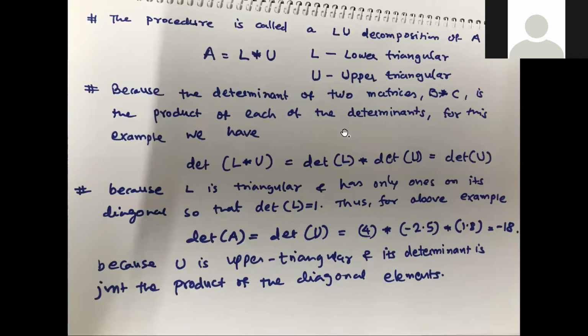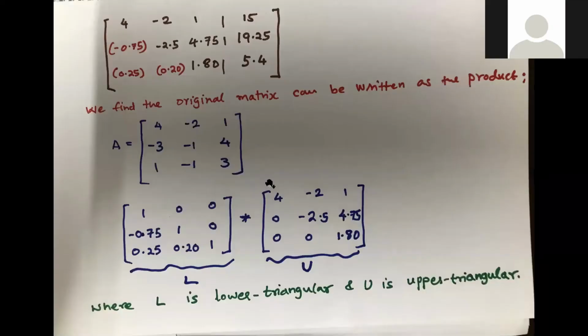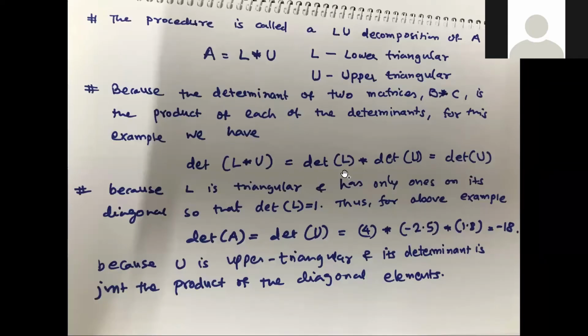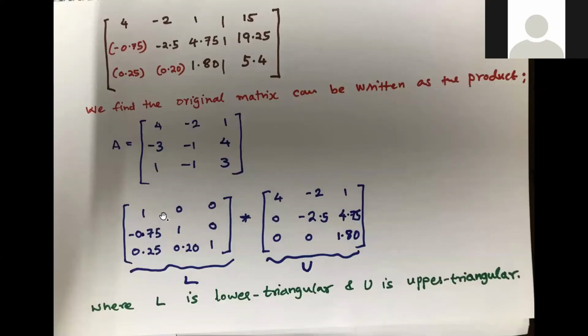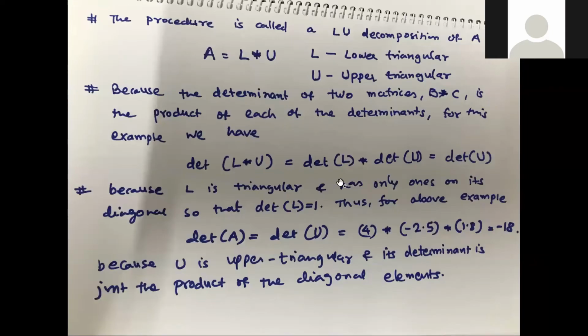Because the determinant of a product of matrices is the product of each determinant, when you want to calculate the determinant of LU, it is the determinant of each matrix. The determinant of the L matrix, where the diagonal is unit and the upper members are 0, will actually be 1.